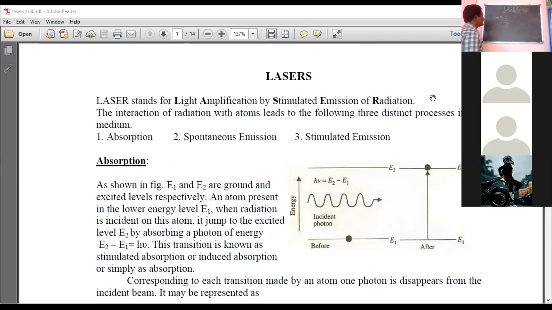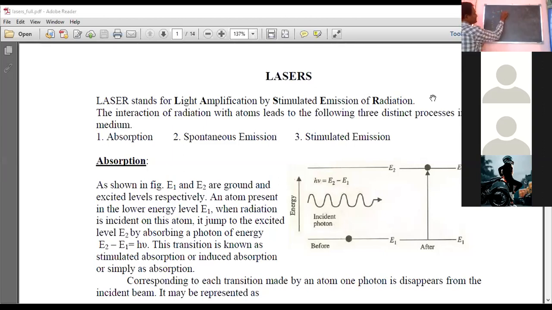If you carefully look at this file, laser is an acronym, meaning that each and every letter present here has an expansion. I'll write it in this manner: L-A-S-E-R.